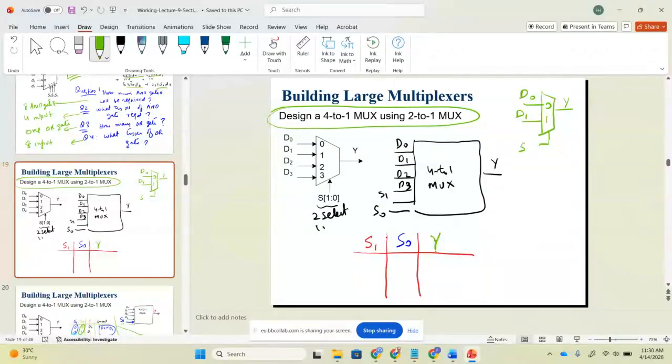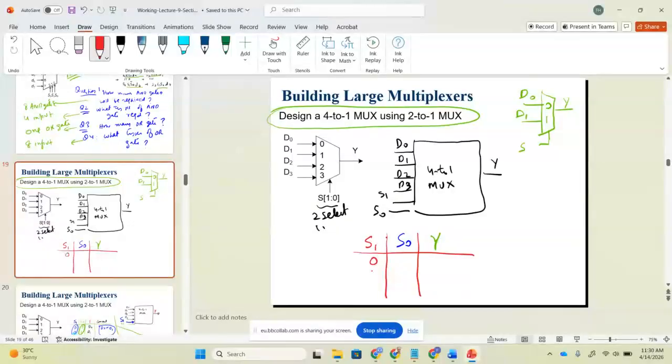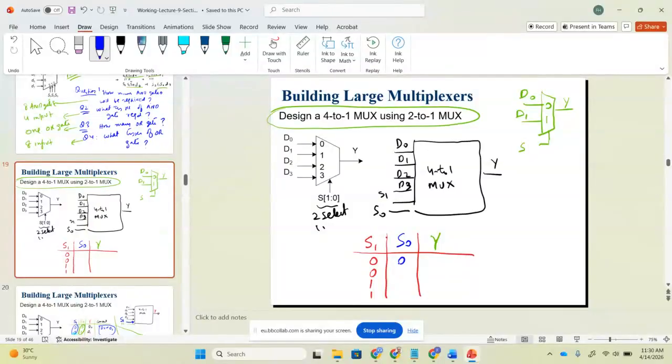How many combinations are there for S1 and S0? It is 00, 01, 10, and 11. What about S0? It is 0, 0, 0, 1, 1, 0, and 1, 1. Got it or not got it?